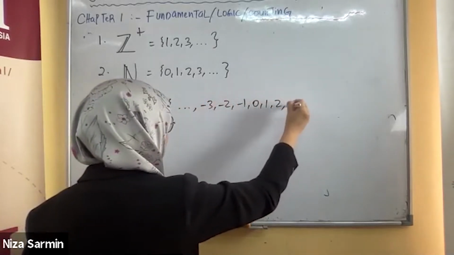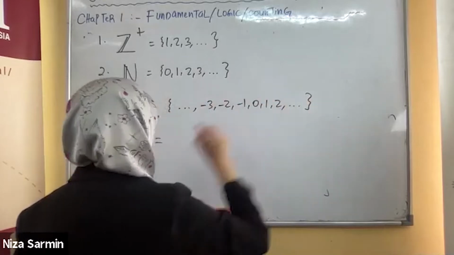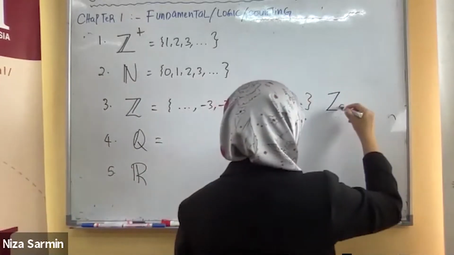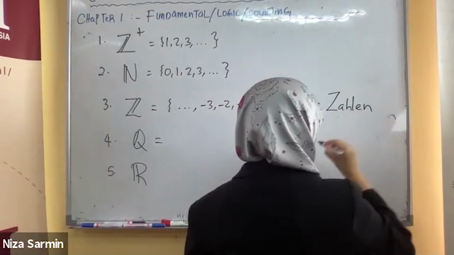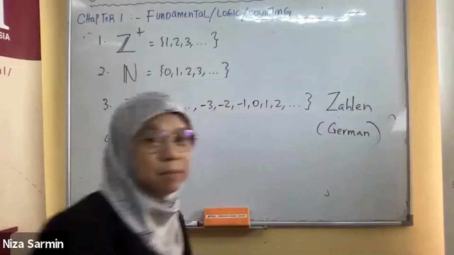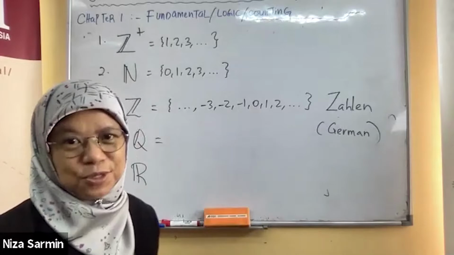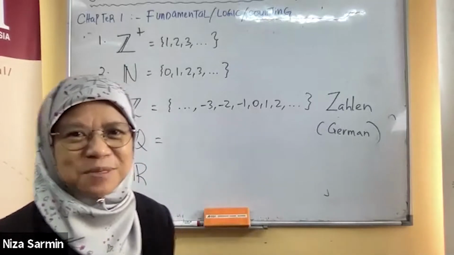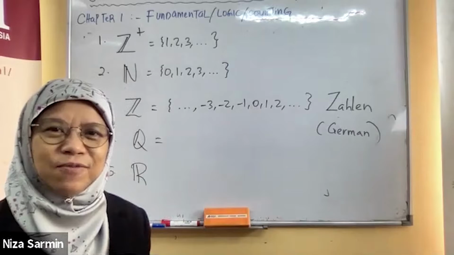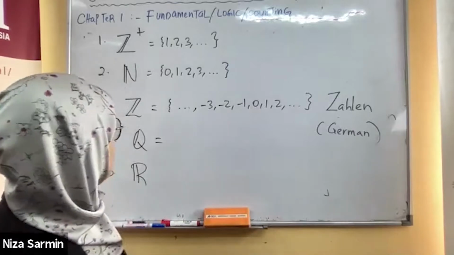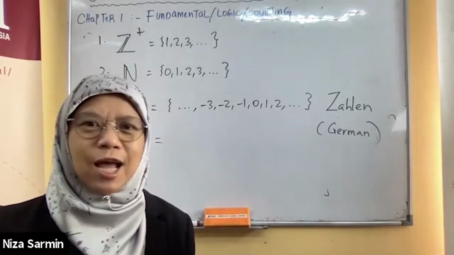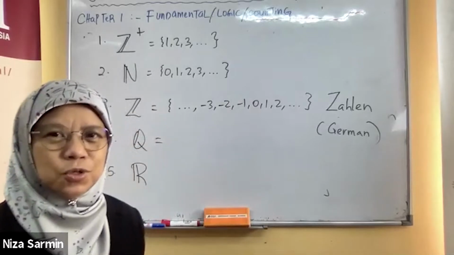Dia sort of macam creator, orang yang buat itu. And the name is Zahlen. He's a German actually. German mathematician. He's the one that introduced it, and he wants his name, Zahlen. Why not I, right? Because the others, they use the first letter. Why not I? Because I is normally used for others, like ideal, others. So they use Z.